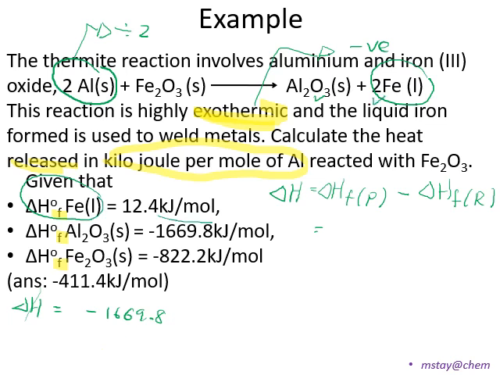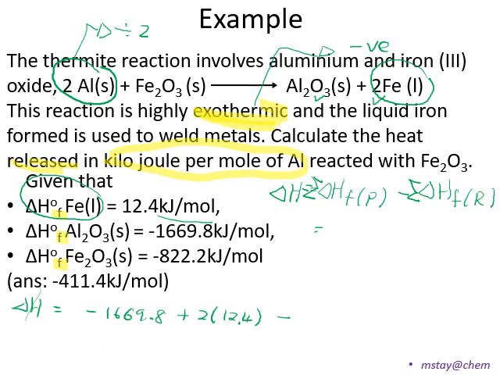Here showing us 2 mole, so we have to add 2 times 12.4, and then minus, there are no more products, so now we need to minus the sum of the formation. Sorry, I missed out the symbol of the sum of the formation of the reactant.